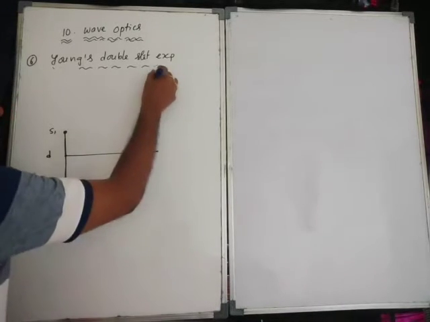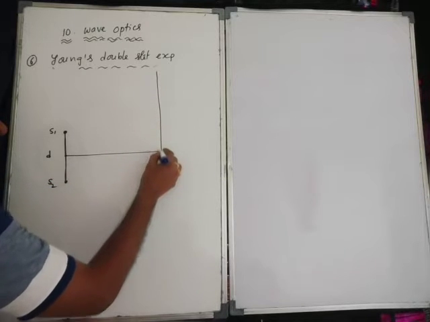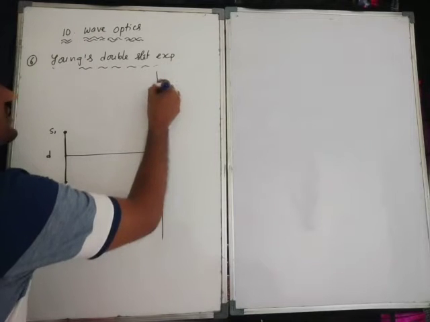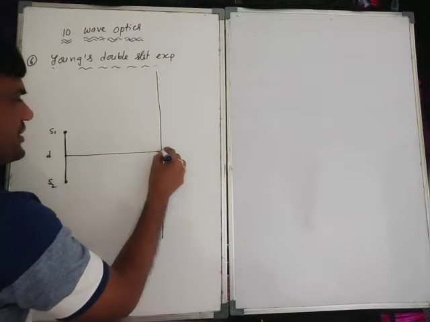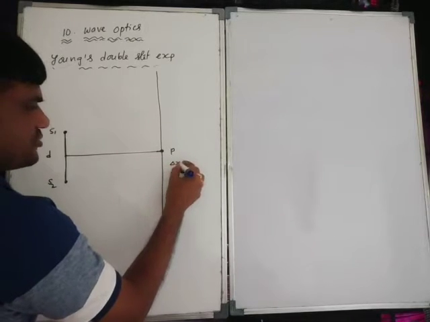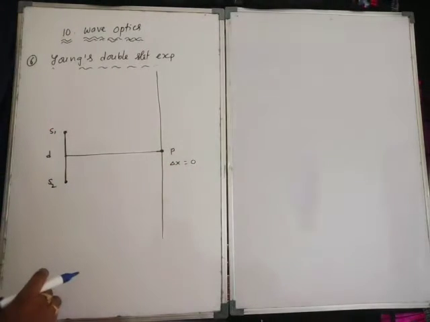Now this is the central bright. So what happened here? On the screen, this is the point P. Delta x is equal to 0, right? Path difference is 0. Path difference 0 means that is the bright region.